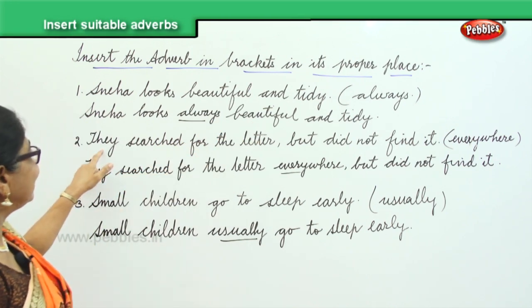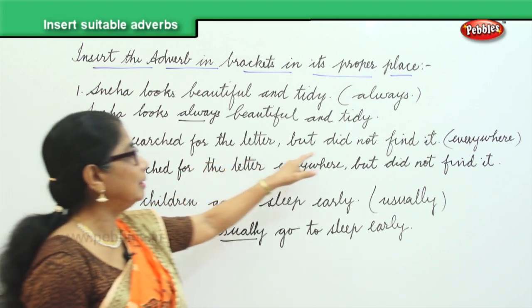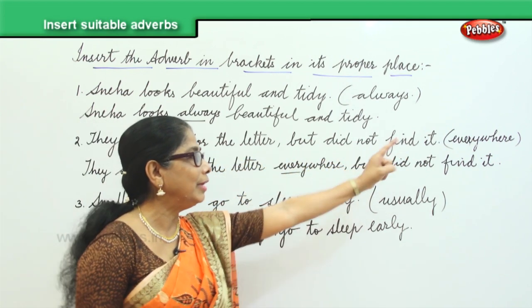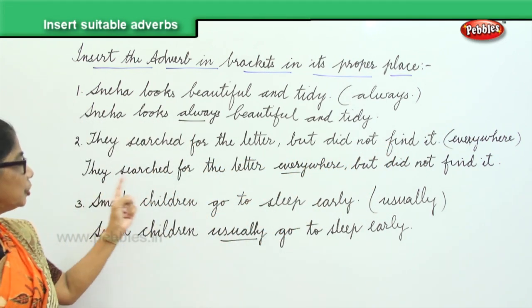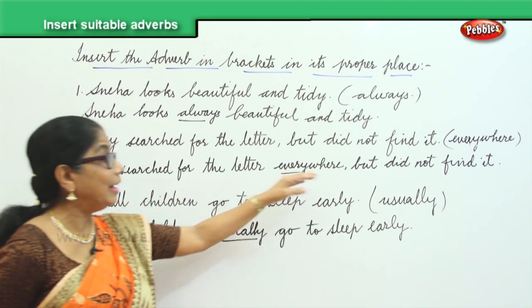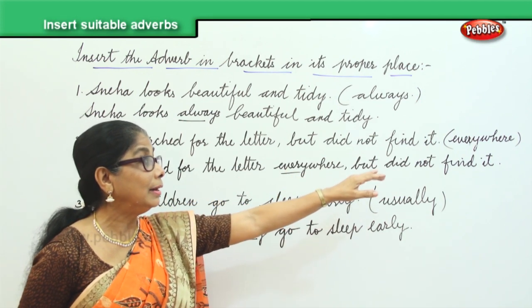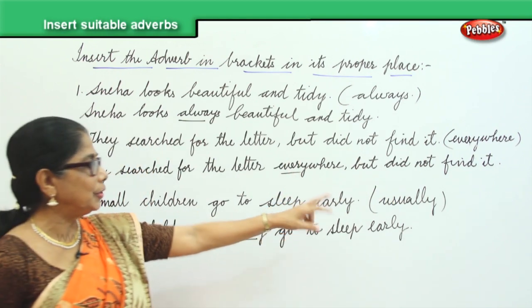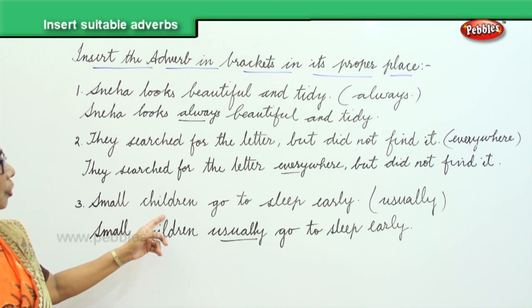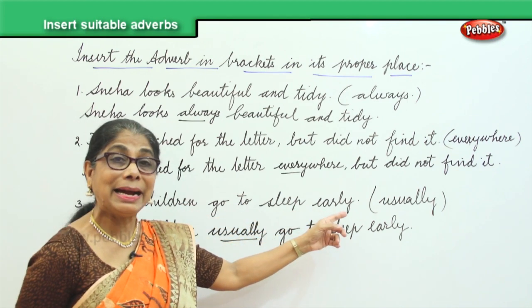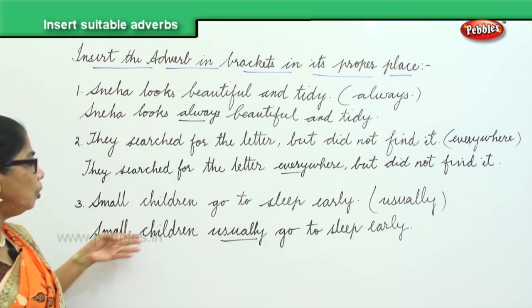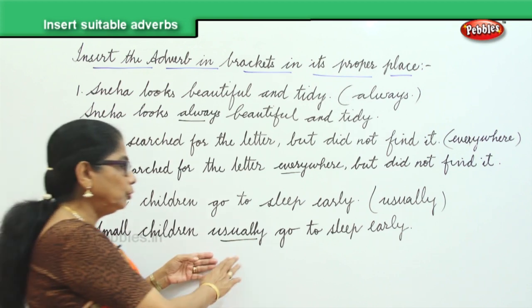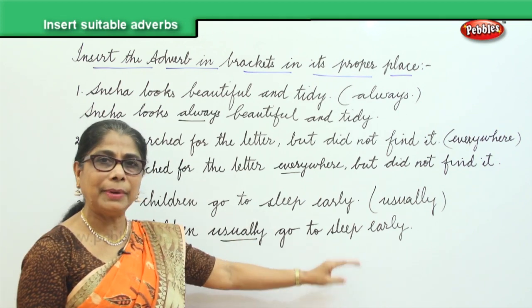Next we have they searched for the letter but did not find it, and we have everywhere. So they searched for the letter everywhere but did not find it. The next we have is usually. Small children usually go to sleep early.